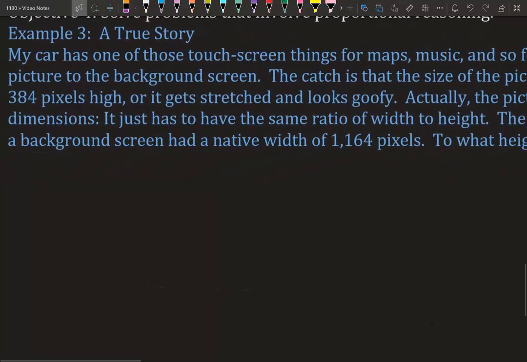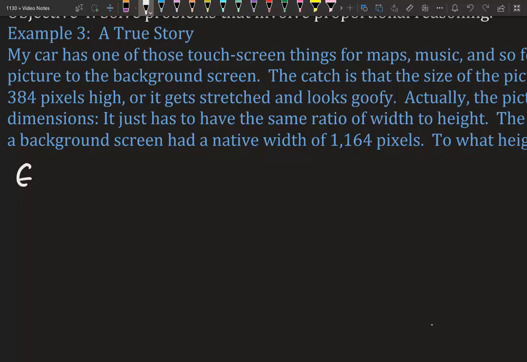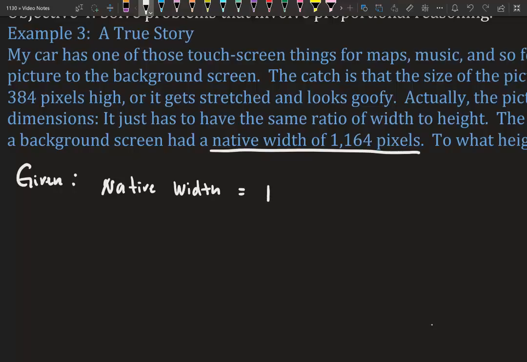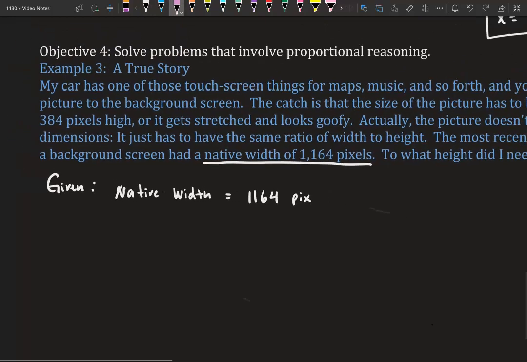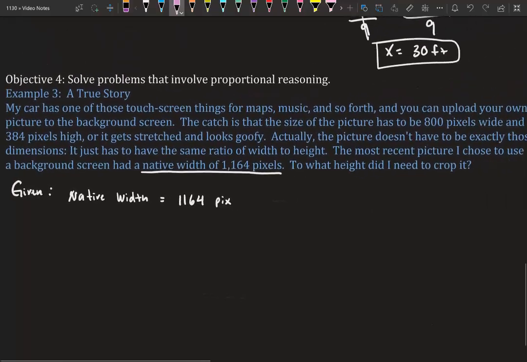Alright, let's write out the given. We're given a lot. So we're given that the native width is 1164 pixels. Alright, then it says required. We have actually the requirements now.